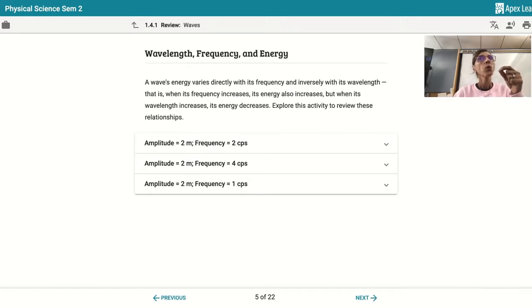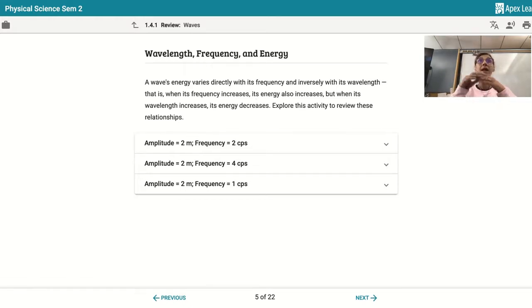If there are more waves passing by a point in 1 second, then the waves must be really close together. And if they're really close together, that means their wavelengths are really short. So high energy waves have high frequencies, and inverse wavelength, meaning they have short wavelengths.